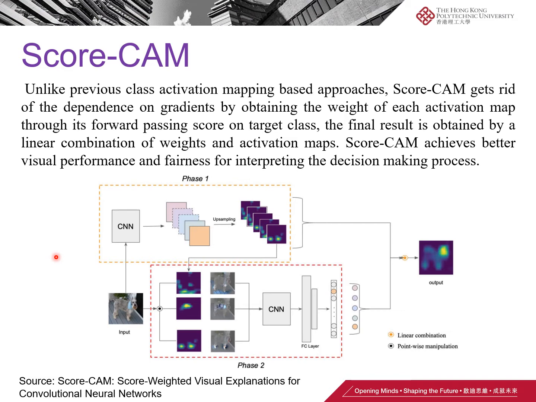Rather, where gradients rely on the assumption that if a channel focuses on the right part, it will lead to a better prediction than others. So Score-CAM works in two stages.